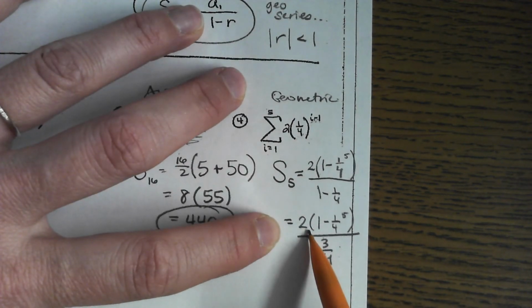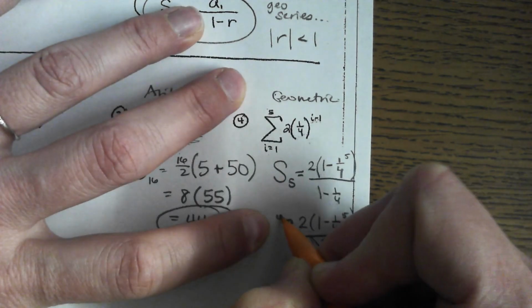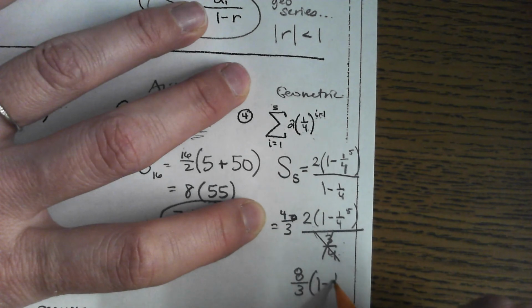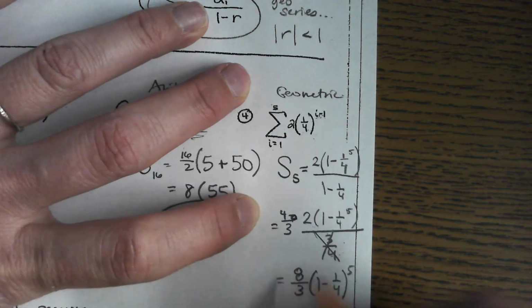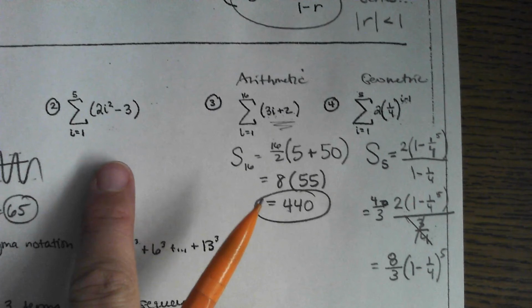So if I keep the 2 and change 3/4 to 4/3, that's going to make it 8/3, 1 minus 1/4 to the 5th power. Or it's on a calculator part and you just type it in. That would be great. This one you just manually have no choice but to do it by hand.